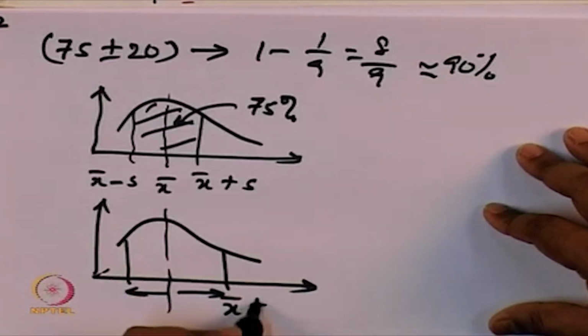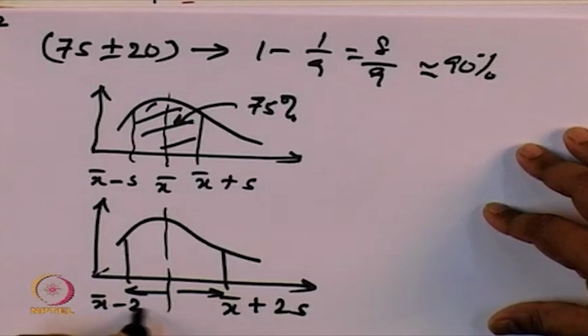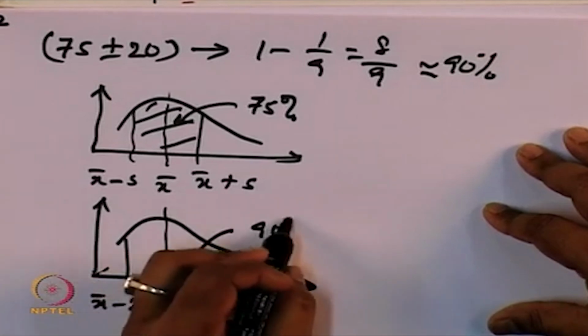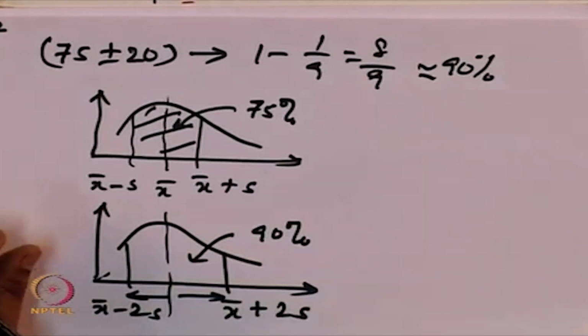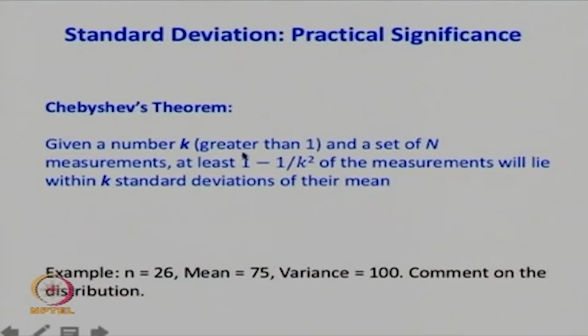And x bar plus 2S and x bar minus 2S, this is 90% of the population. But Chebyshev's theorem is very conservative in approach. It does not make any assumptions of how the distribution of data is.